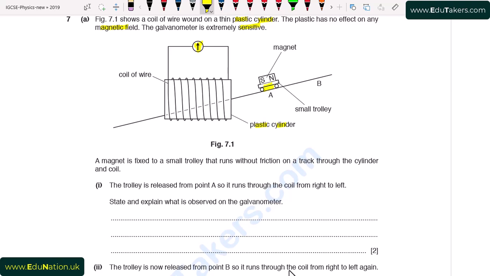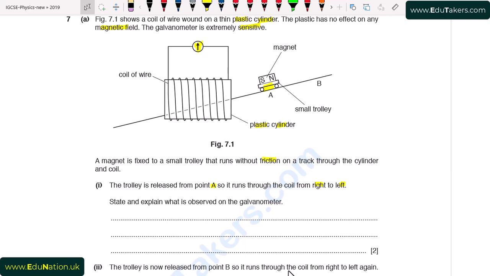A magnet is fixed to a small trolley that runs without friction on a track through the cylinder and coil. Part 1. The trolley is released from point A, so it runs through the coil from right to left. State and explain what is observed on the galvanometer.